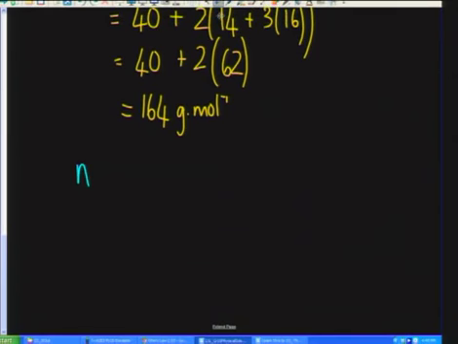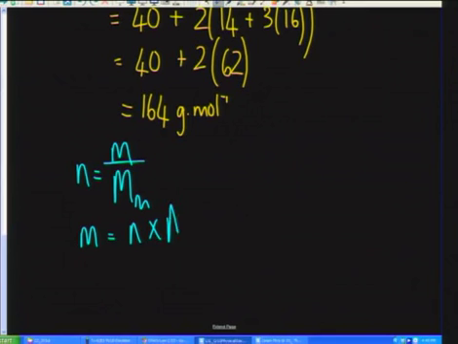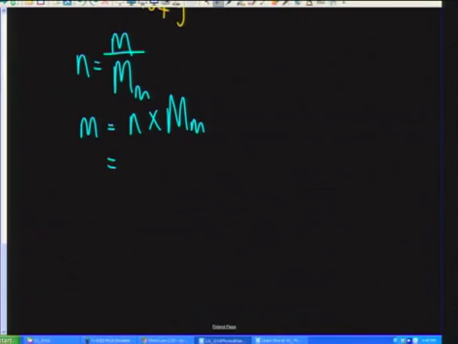So the number of moles is equal to mass divided by molar mass. I'm wanting to work out the mass, so I say number of moles multiplied by the molar mass, and that's equal to, well, it was 4.2 multiplied by 164 grams in 1 mole.